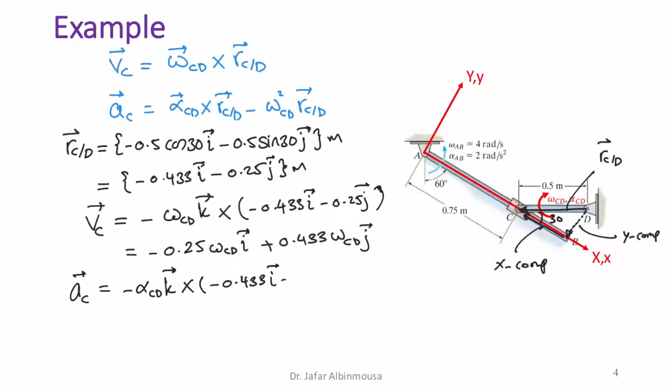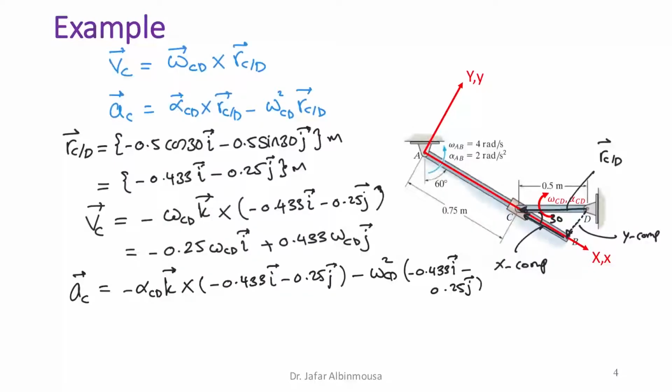0.433I minus 0.25J, and then I have the minus sign, omega CD square multiplied by minus 0.433I minus 0.25J.